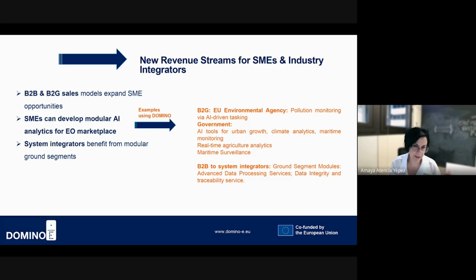Finally, SMEs can strengthen their capability in terms of cloud and AI by investing in AI training models.